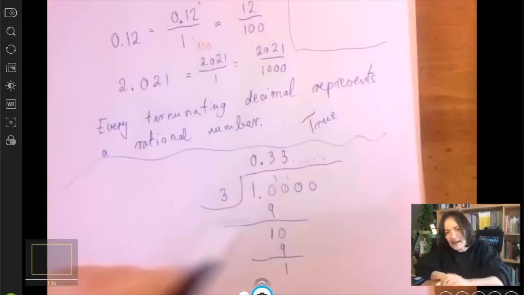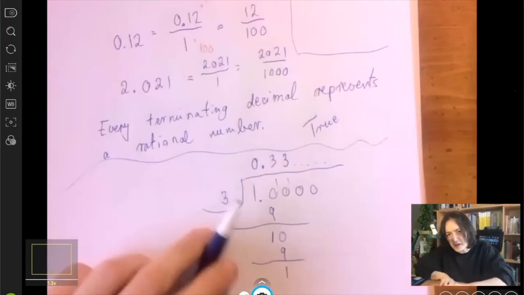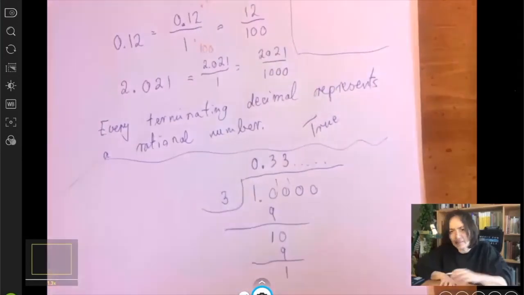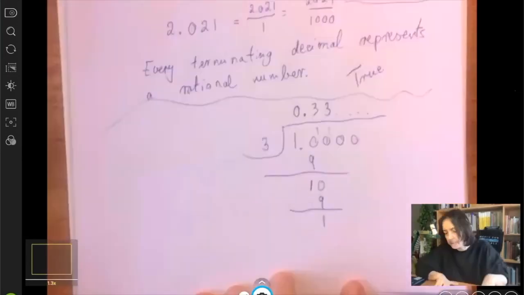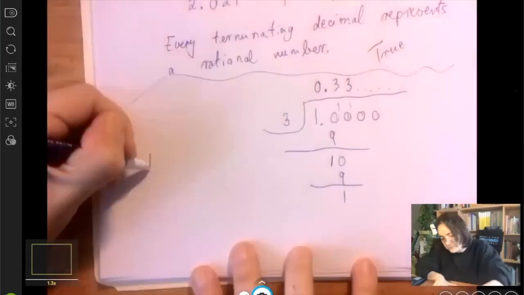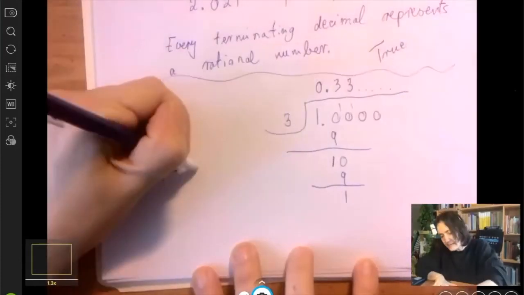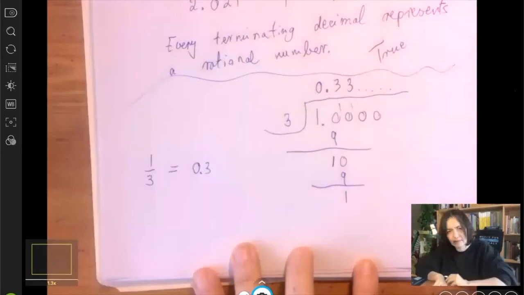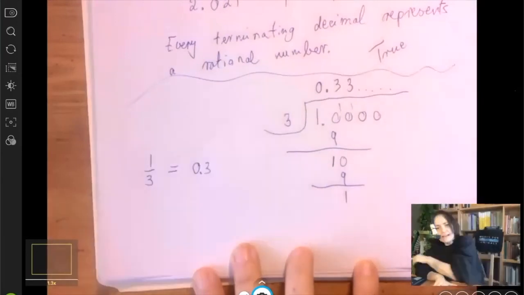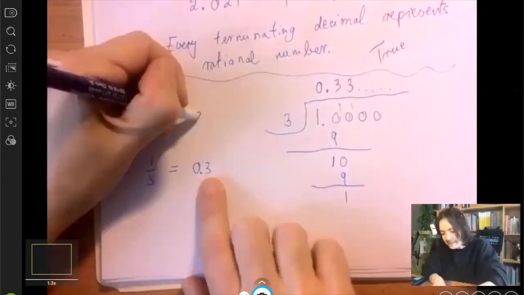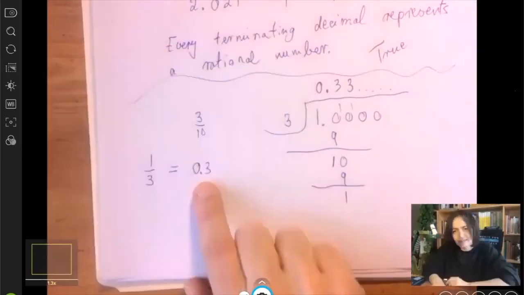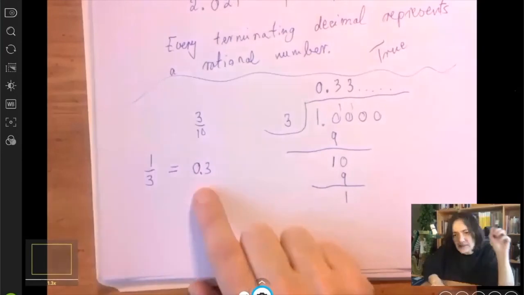So backwards, it's not true. Not every rational is terminating. But if a decimal terminates, that's rational. Now, 1/3 is not 0.3. It's 0.333333, right? This here is actually 3/10, right? So 1/3 is the first argument against decimals and in favor of fractions.